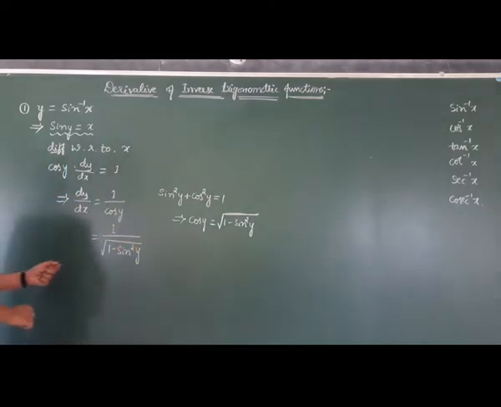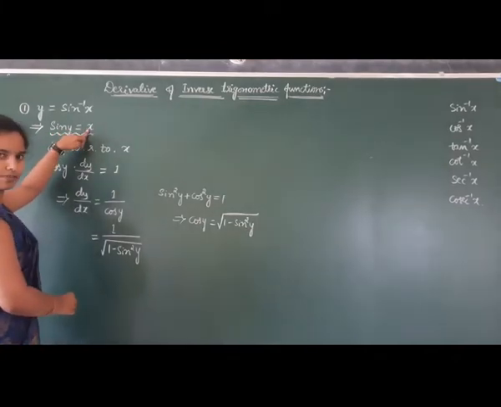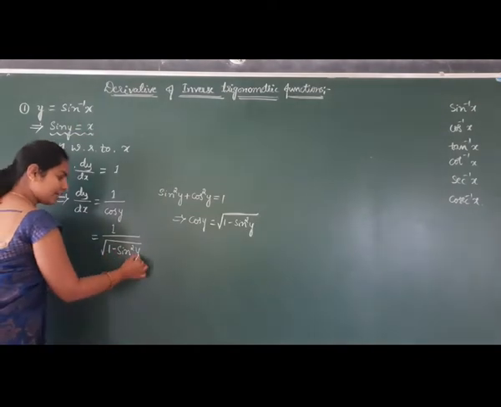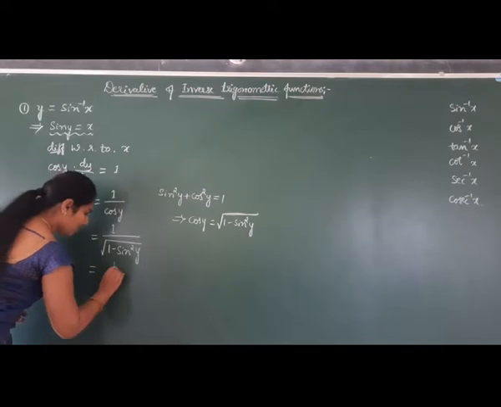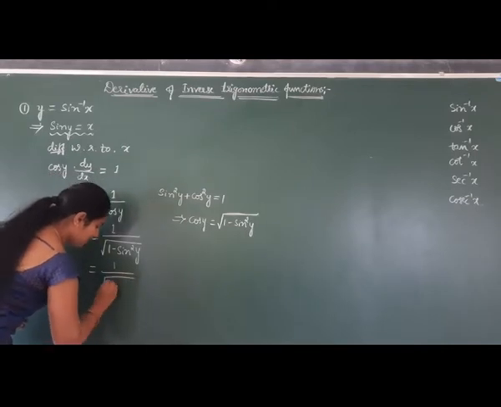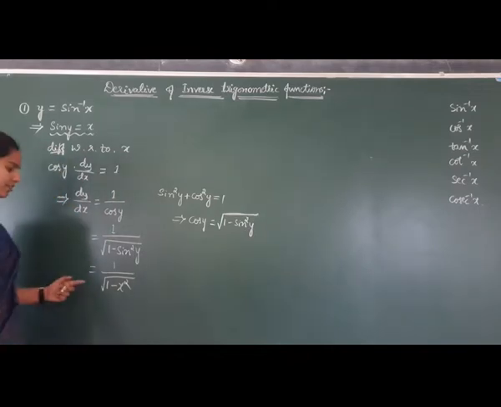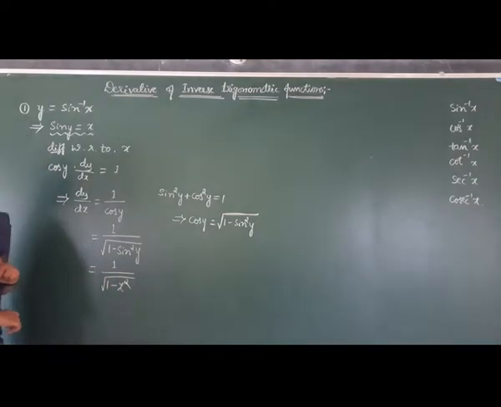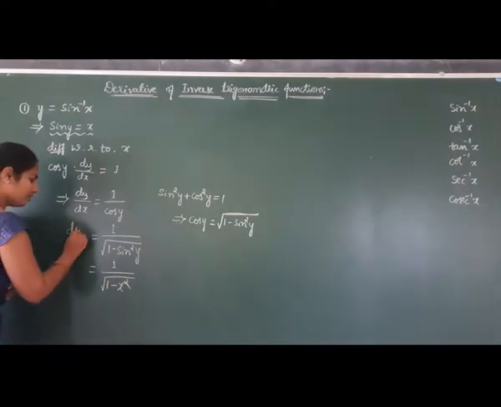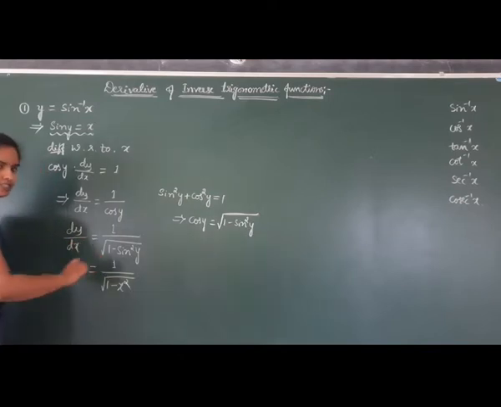Okay? So what is sin y here? X. Okay? So sin y is x. Then I will replace sin y by x. So this is equal to 1 divided by square root of 1 minus x square. So dy by dx is equal to 1 divided by square root of 1 minus x square.